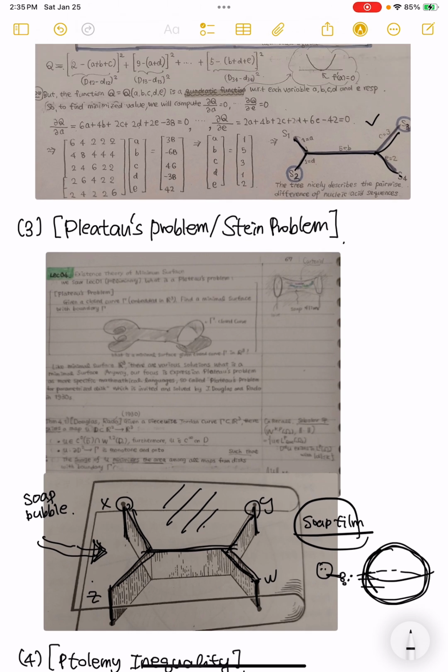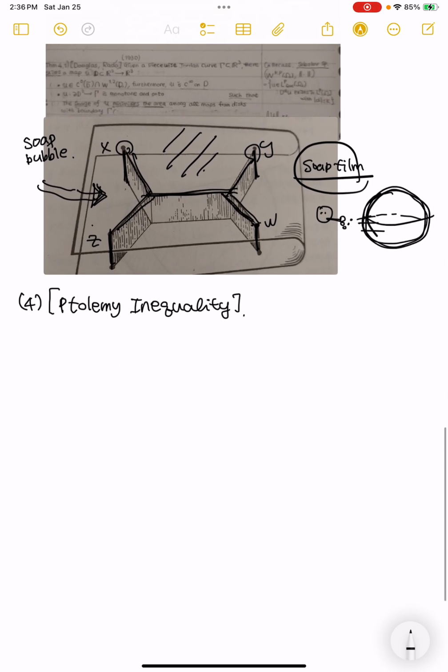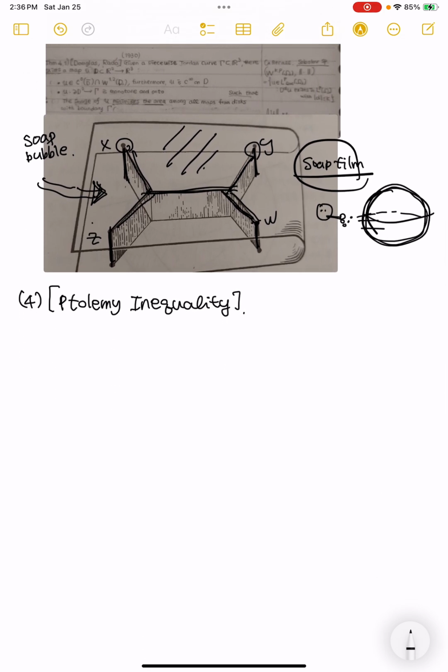That is related to the catenoid, and in general that is the plateau problem. Anyway, we can check the four-point condition when you think about a soap film.